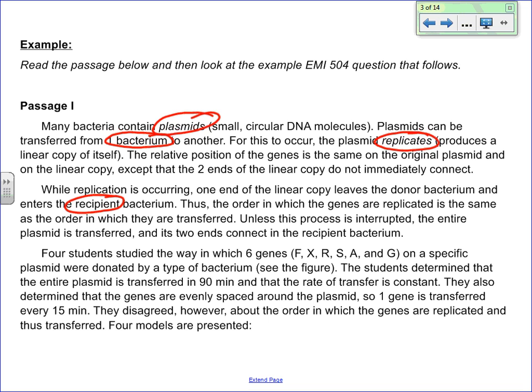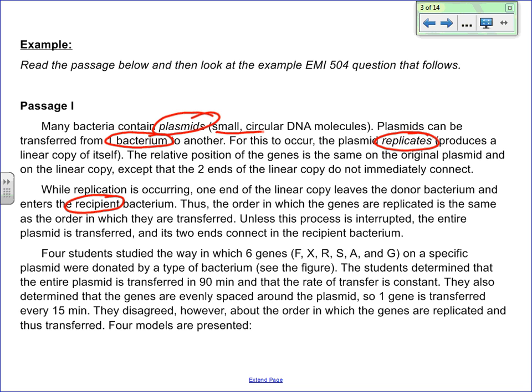So remember, there's 3 ways that we can figure out any word in science. We can have it defined for us in the passage. We can use context clues or background knowledge, or we can look it up. We actually can't have a dictionary, so we try to avoid the last one. Plasmids, that first word, is it defined for us in the passage? What's the definition? Small circular DNA molecules.